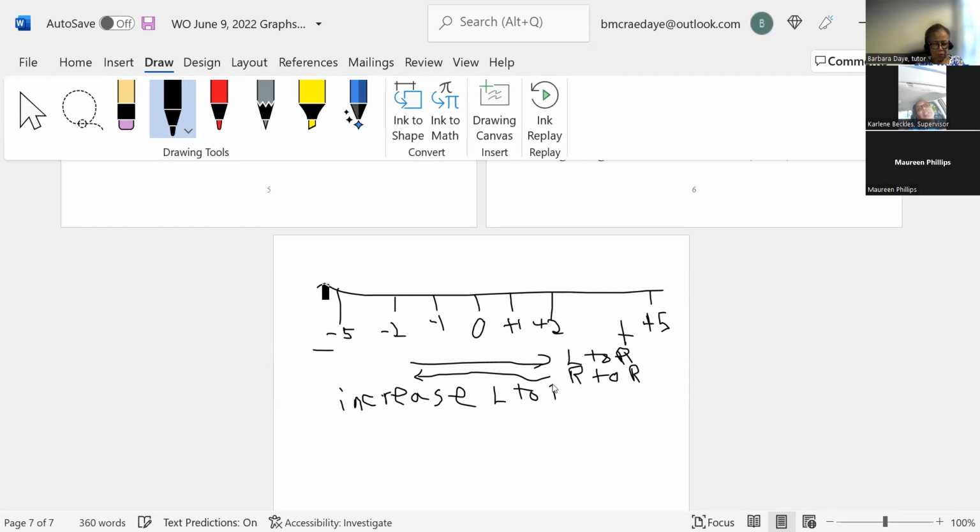That's the way I want you to figure out the negative numbers, where the bigger absolute value is actually smaller. So now we say decrease. Decrease would be from right to left.